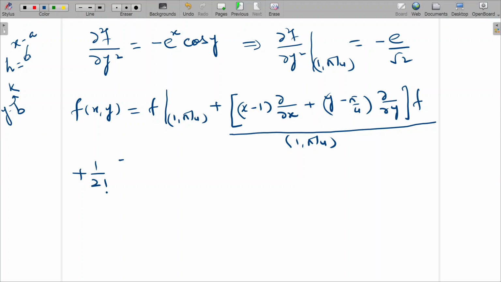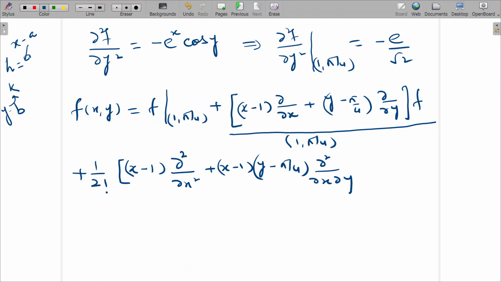Now we will take this as (x minus 1)² ∂²/∂x² plus (x minus 1)(y minus π/4) ∂²/∂x∂y plus (y minus π/4) whole square, and the value of ∂²/∂y².